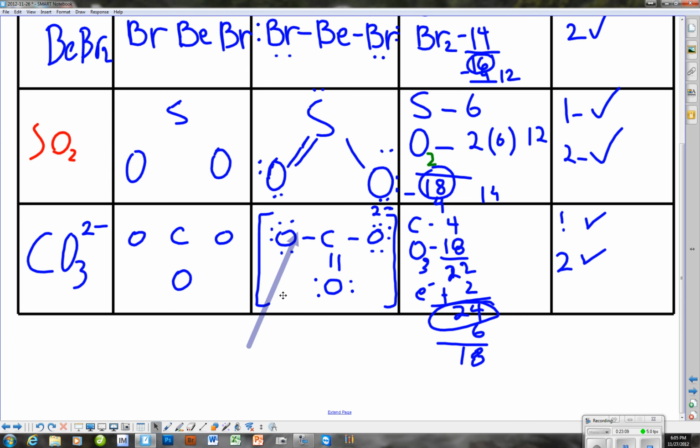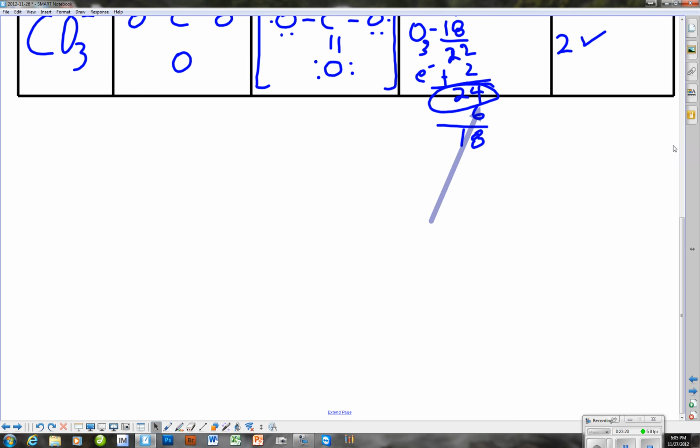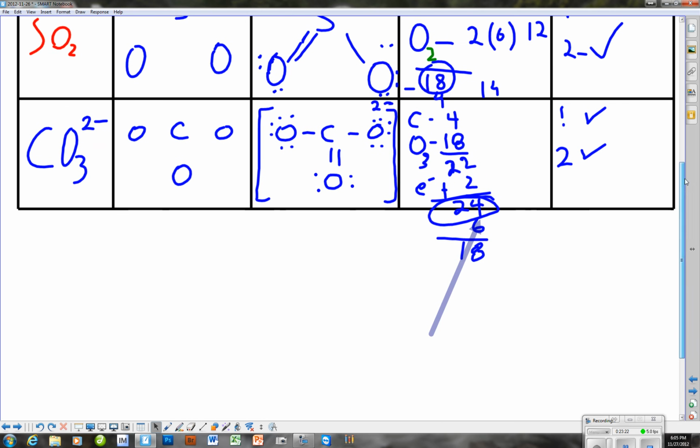Now originally we just had 2, 4, 6 bonding electrons, so we took those out, and that left us with a total of 18. And let's make this a little bit easier to work with. Alright, so we got 18, and so those 18 are the guys that you're going to see here. 2, 4, 6, 8, 10, 12, 14, 16, 18.